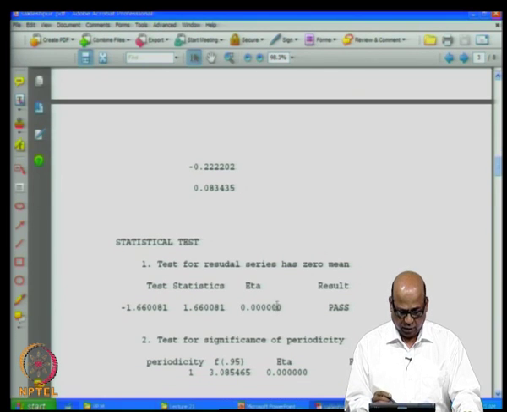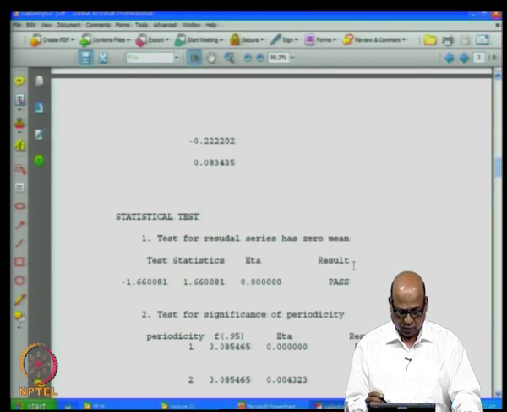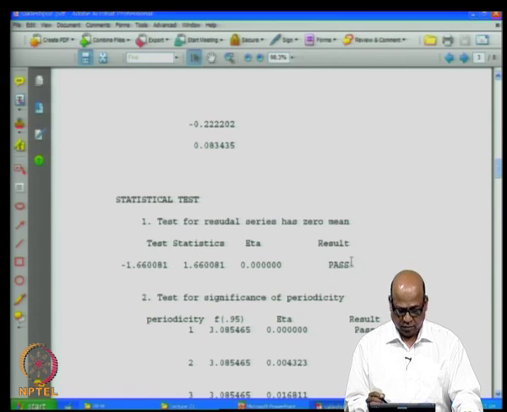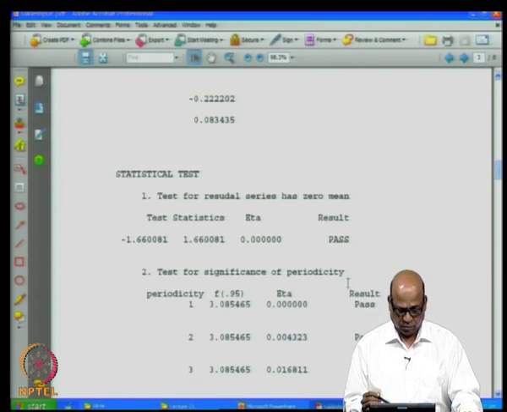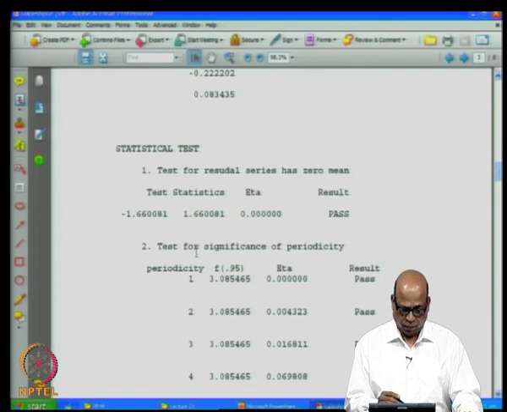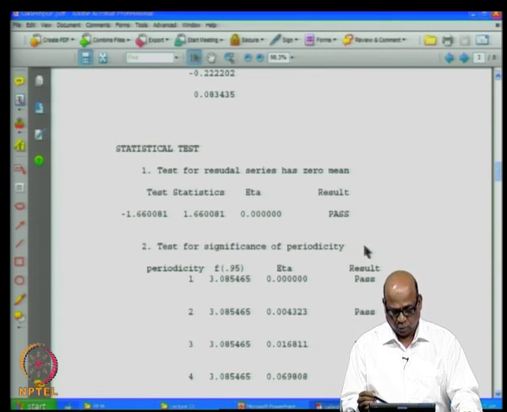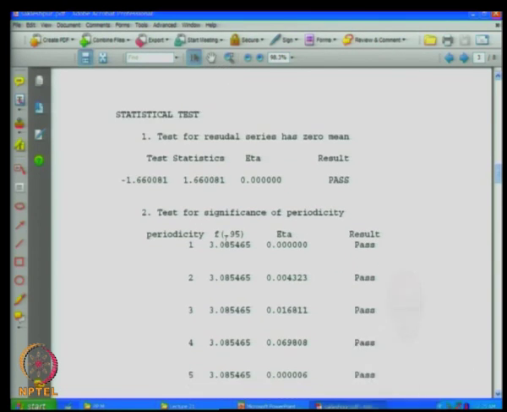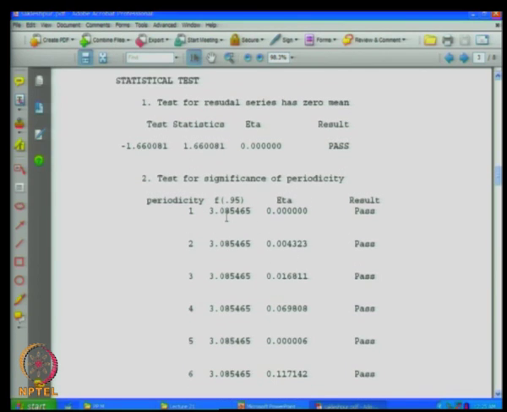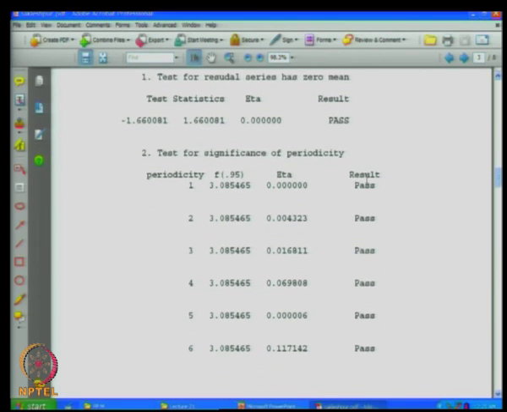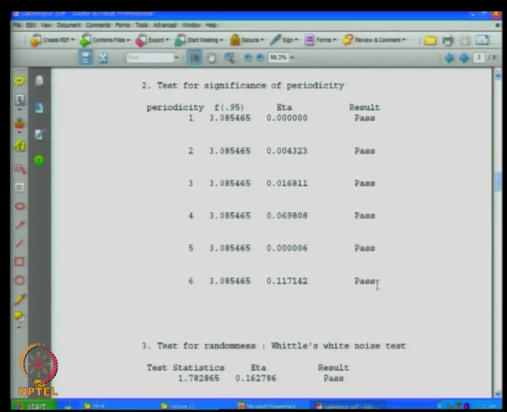You get the eta value and the associated statistic, and then you look at whether this eta value is less than the associated statistic. Then you look at the test for significance of periodicity. Corresponding to each of these periodicities, you look at the eta value and the associated F 0.95 and make sure that all of these pass the test.